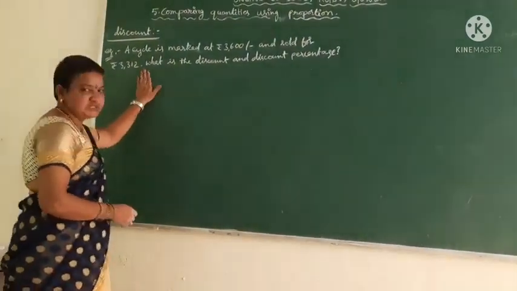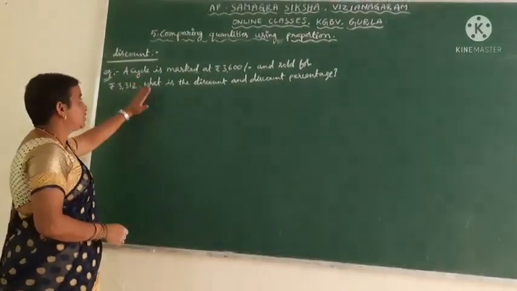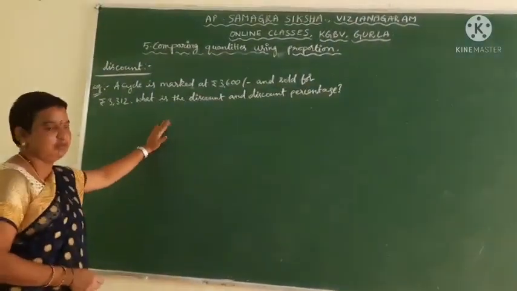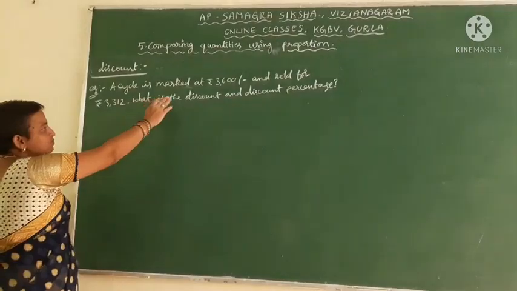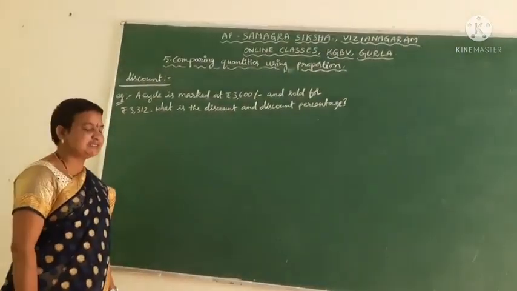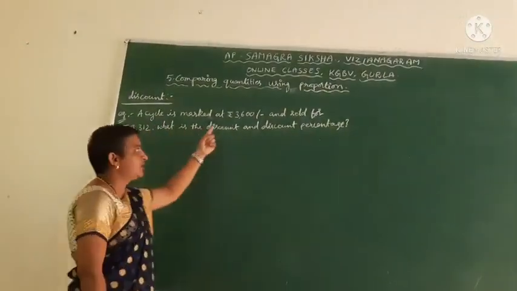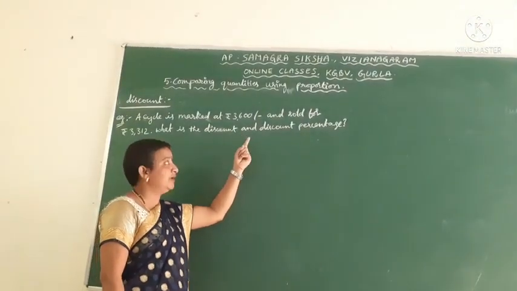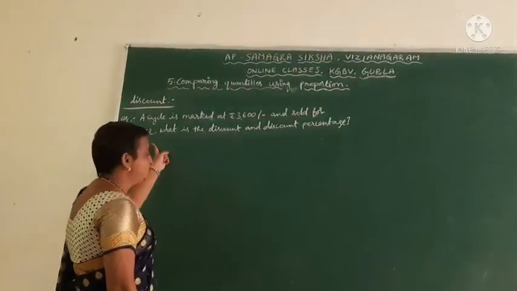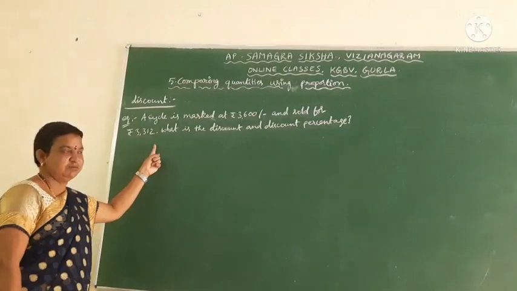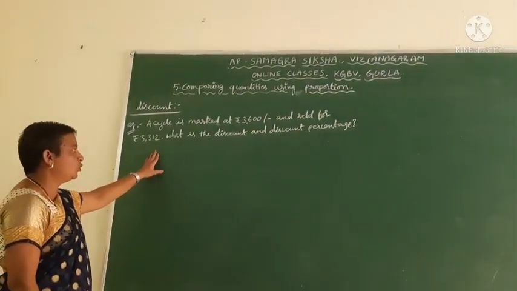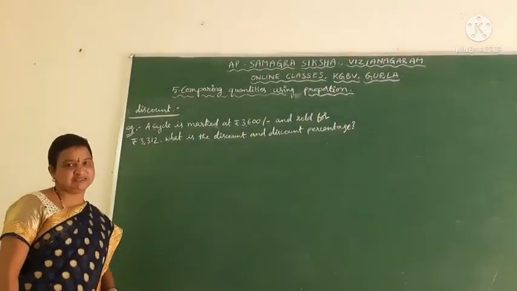Suppose first we have to explain this discount with an example. A cycle is marked at rupees 3,600 and sold for rupees 3,312. What is the discount and discount percentage?